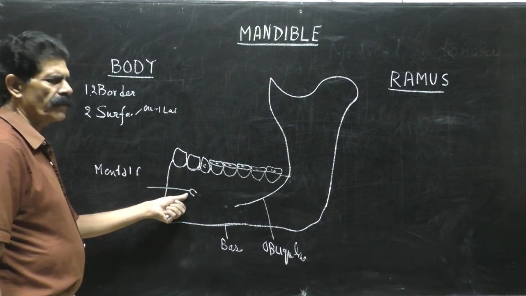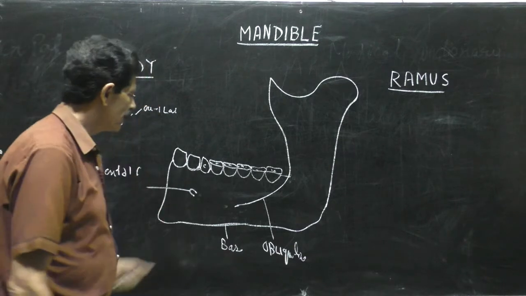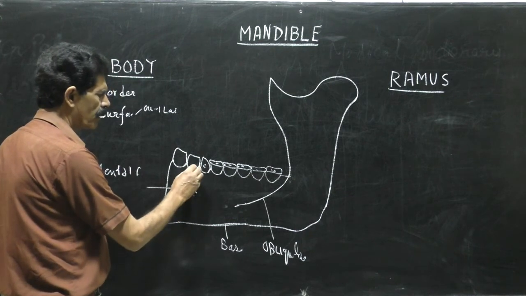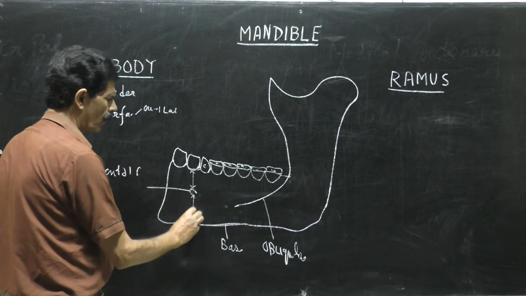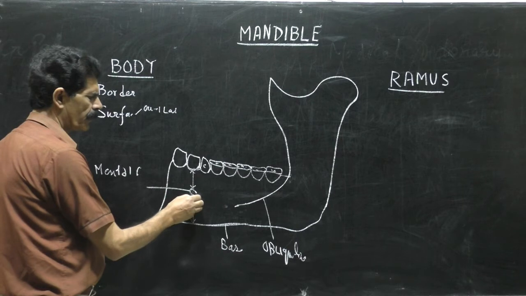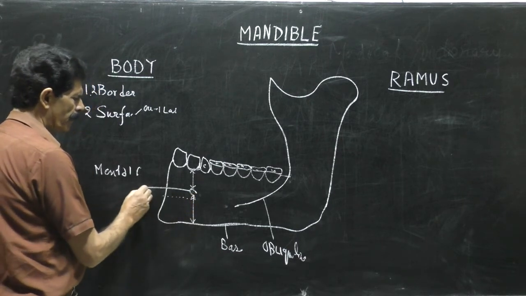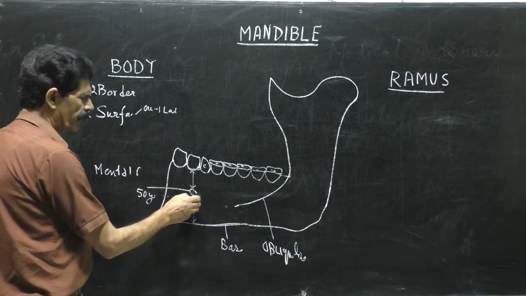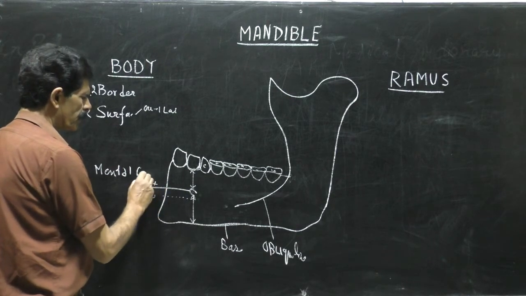This mental foramen is very important for the determination of the age of the mandible. We find the position of the mental foramen between the superior border and the inferior border. If it is in the midline, for example here, then the age is 50 years. If it is slightly above, it is 60 years.